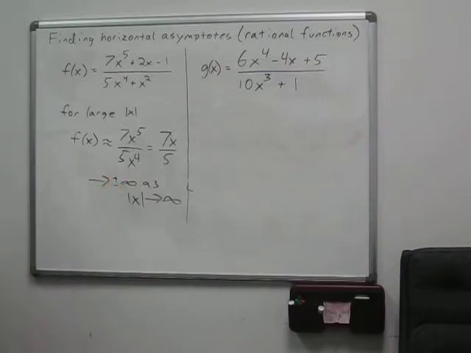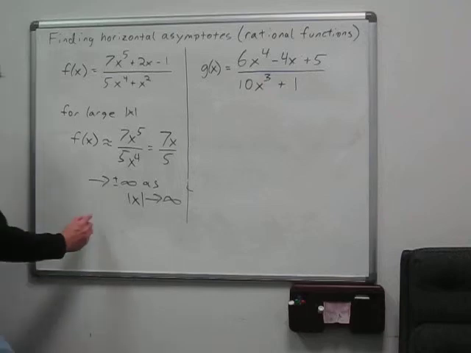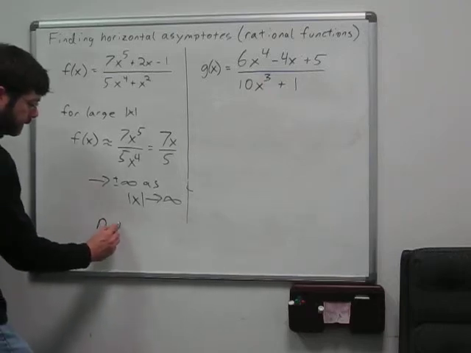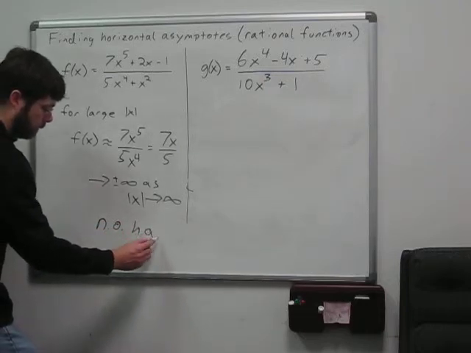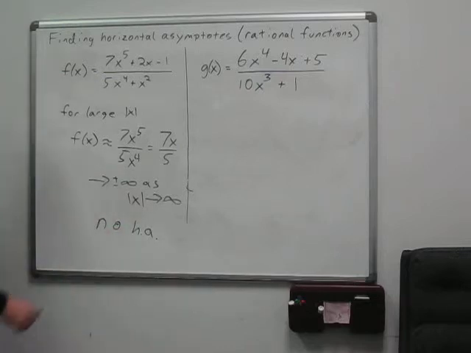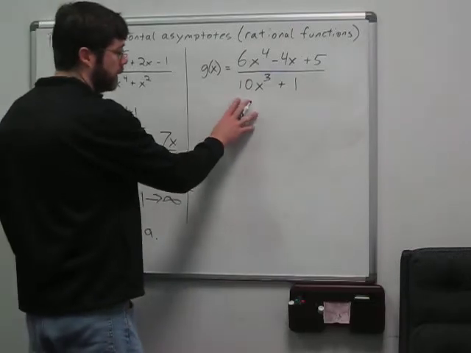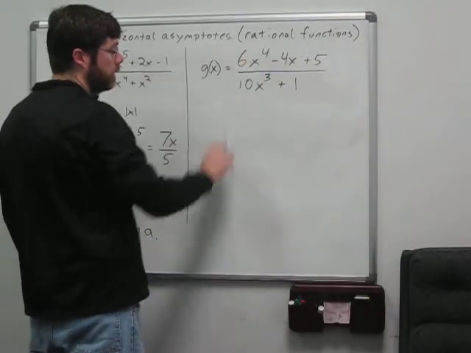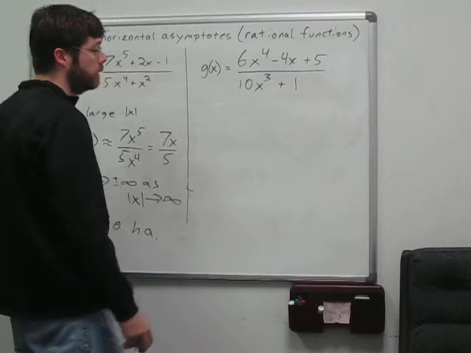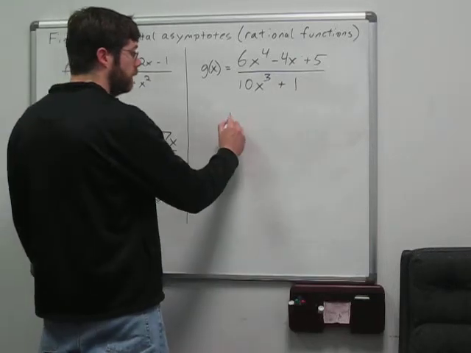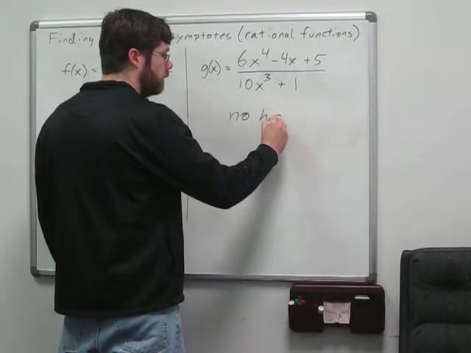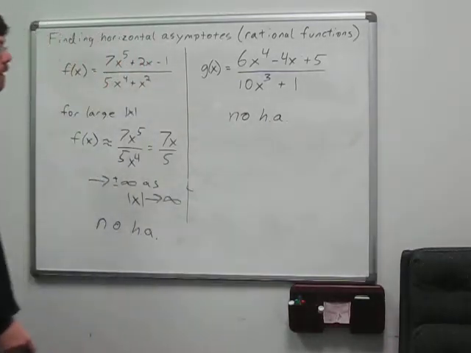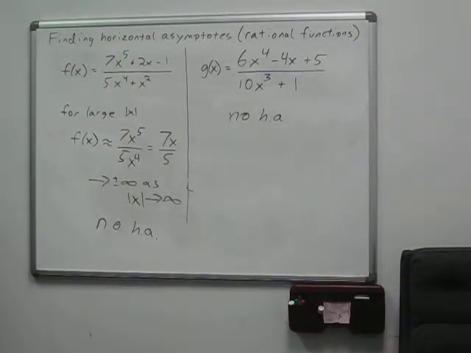So it is not getting closer to any particular real value. Therefore, by definition, there is no horizontal asymptote. Looking at this example, we see that the degree of the numerator is again larger than the degree of the denominator. So we conclude that there is no horizontal asymptote.